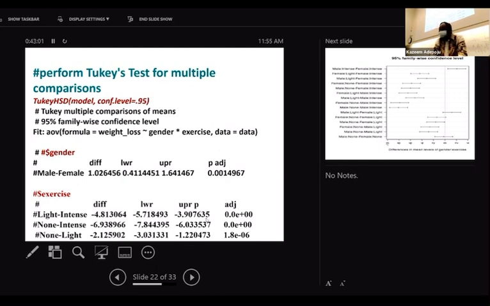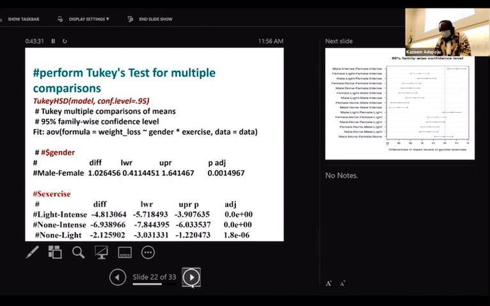None and light, in fact, the difference exists in each and every one of them. And when you take a look at the interval, you're going to see the interval is from negative to negative. That does not include 0. That is another confirmation that the significance exists in all these pairs of levels.